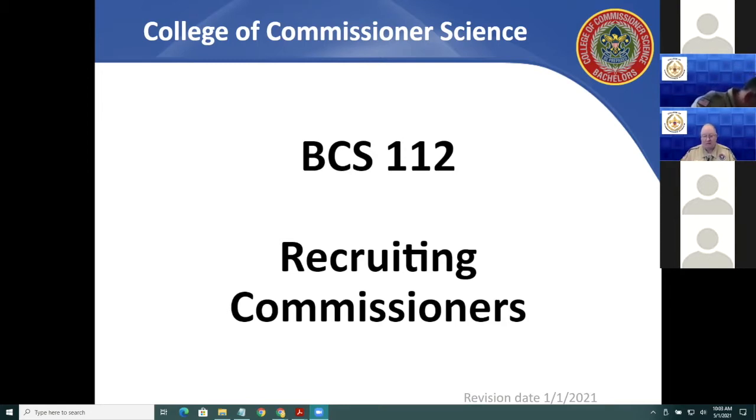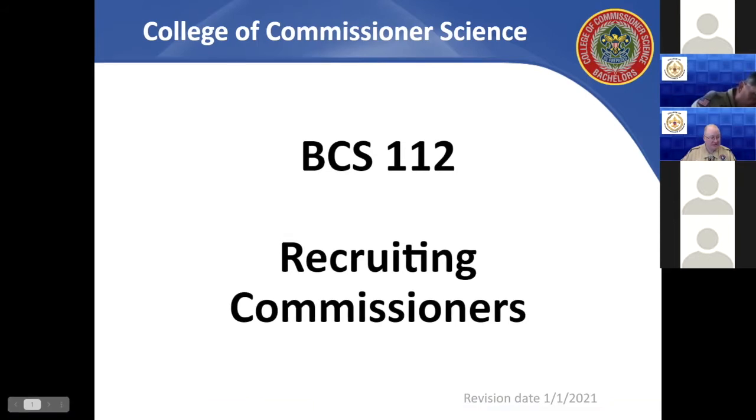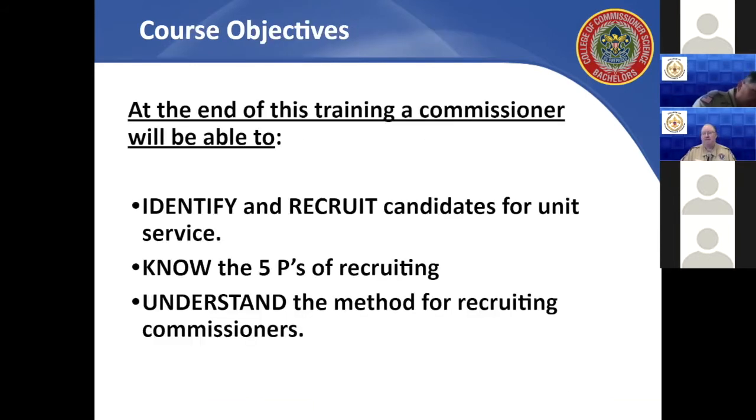So in our learning objectives, at the end of this course, we plan to have a way and mechanism, or more than one, to help identify and recruit candidates for unit service. We're going to learn about the 5 P's of recruiting and understand those methods for recruiting the commissioners.